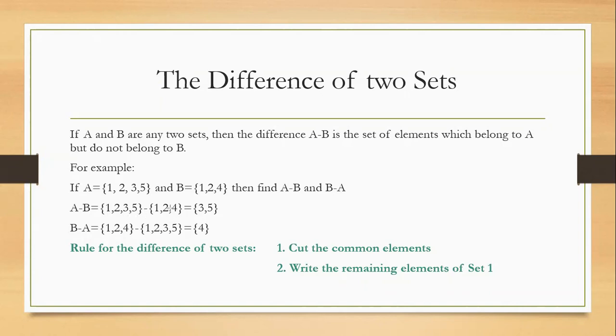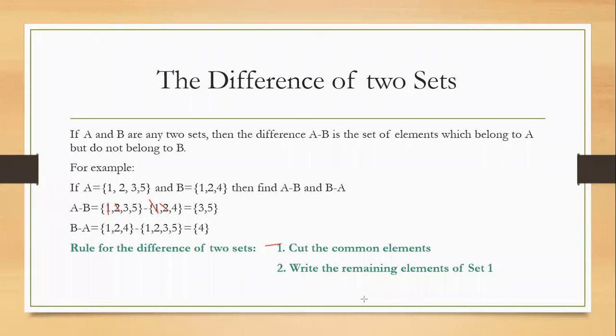Step number 1 is cut the common. Common means same elements. 1, 1. Here 2 and here 2. Now, is there any more common element? Look at the question carefully. No. Okay. We have done with the first rule.